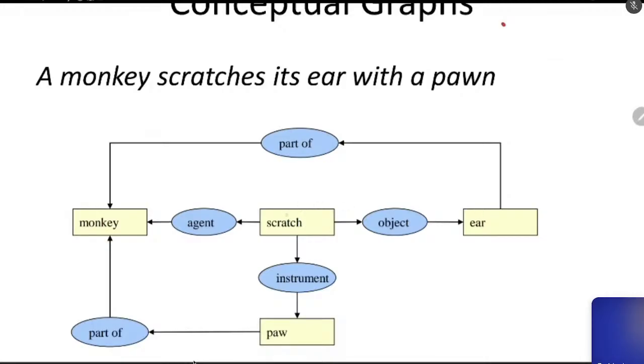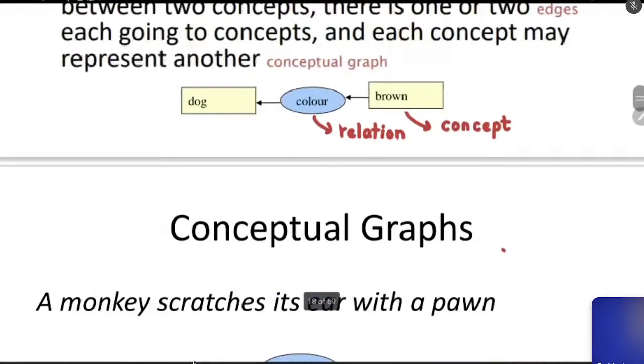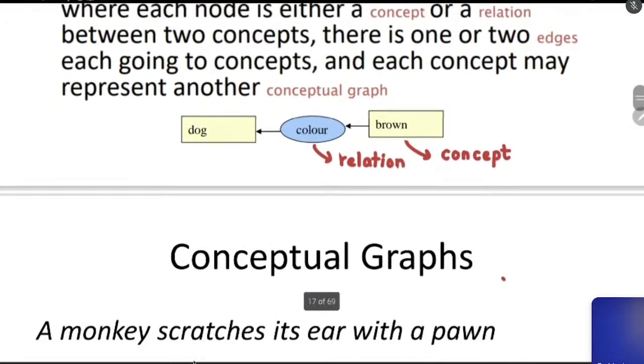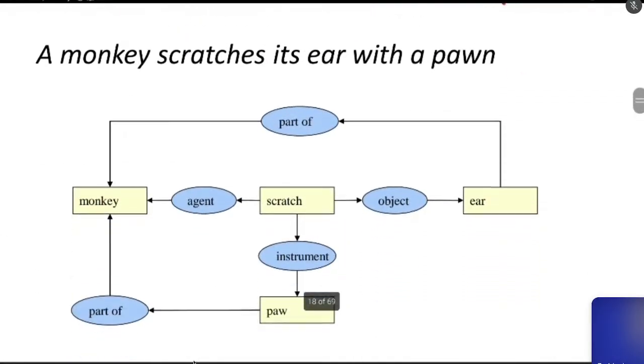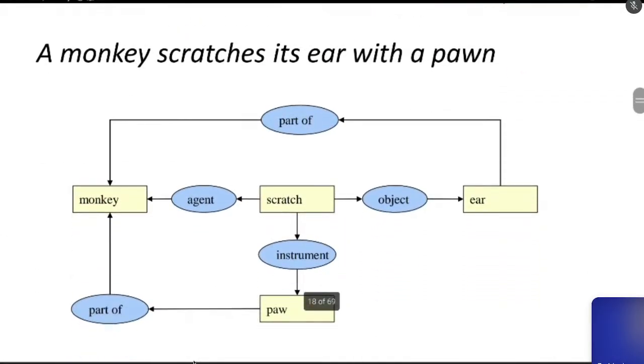So you have concepts, and concepts are joined by relations: agent, instrument, object. That was scratching. Let's look at ear. Whose ear is this? It belongs to the monkey.